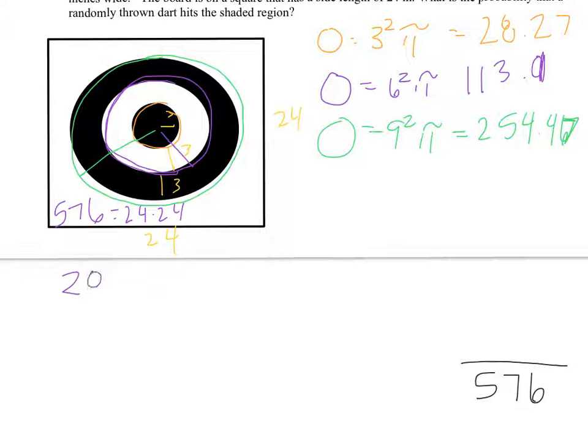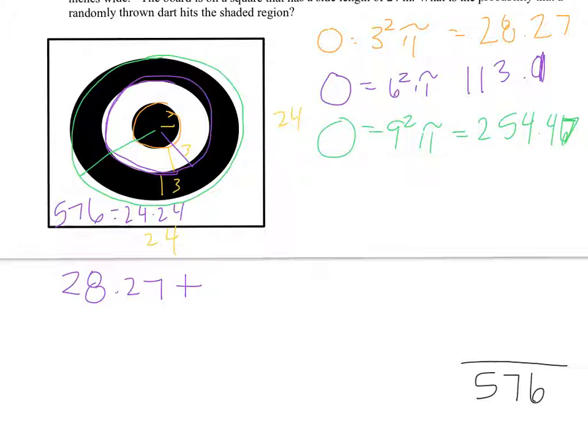So I'm going to take the 28.27. And I'm going to have to add the shaded region to the outer black edge. Now, when I'm thinking about this, I have this large circle, which I have green. I'm cutting out this circle, which is my purple.